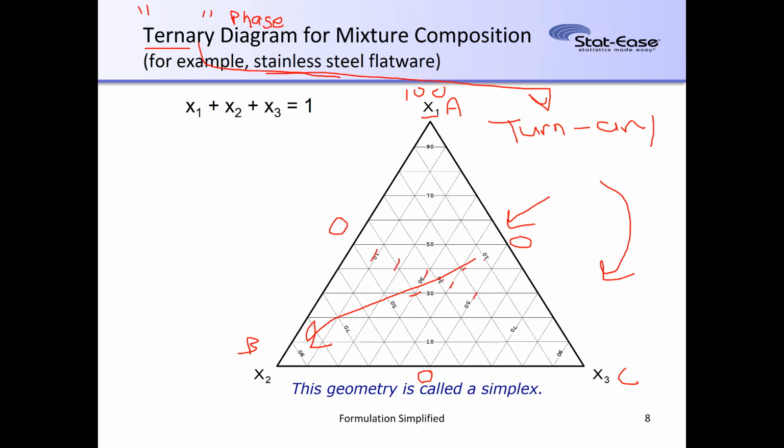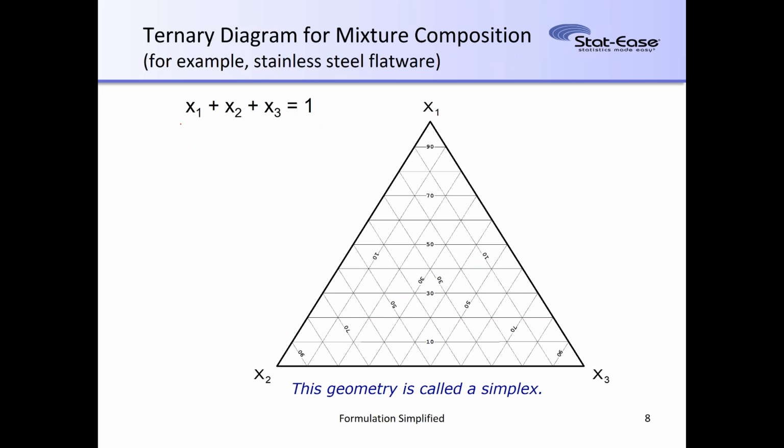But what's really, really cool is that once you know any 2 ingredients, let's say 60% of X1 and 20% of X2, then the third will fill in to get to the total, which I'm just going to say is 100 rather than 1.